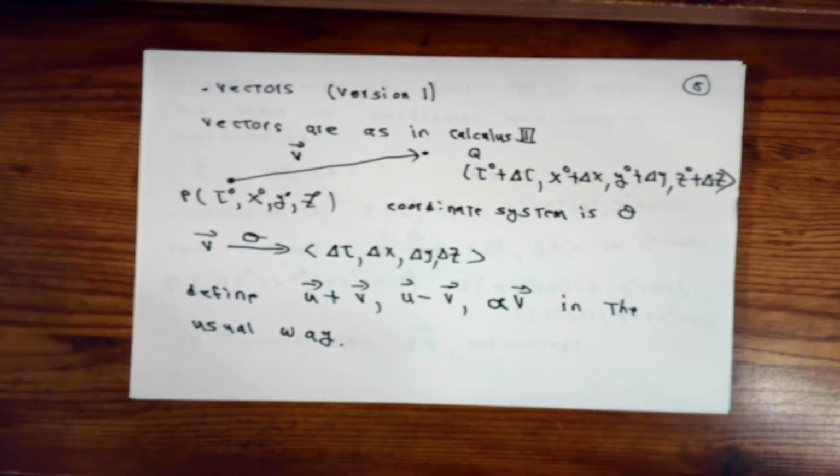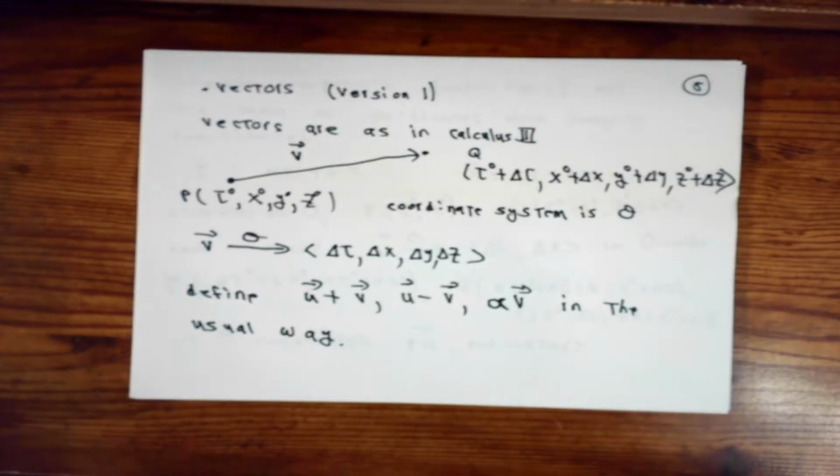We'll do exactly the same thing, except instead of saying that v equals the changes in the coordinates, we'll say v, according to some particular inertial frame, has the numbers delta t, delta x, delta y, delta z as components. If we're doing 2 or 3-dimensional ordinary calculus, we omit the delta t.